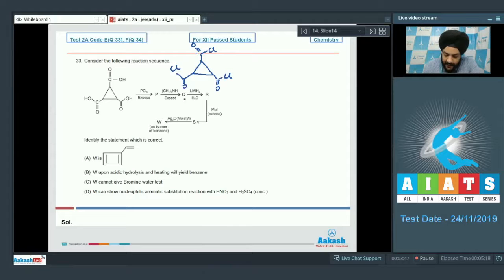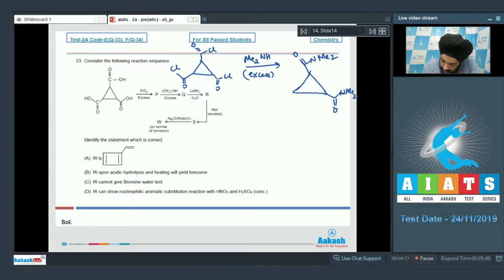Further, P is allowed to react with dimethylamine in excess. When it is allowed to react with dimethylamine, students, so Me2NH, all these Cl groups will get substituted from the acyl carbon. So we're going to have the formation of this compound.